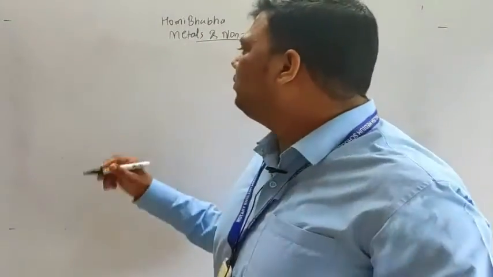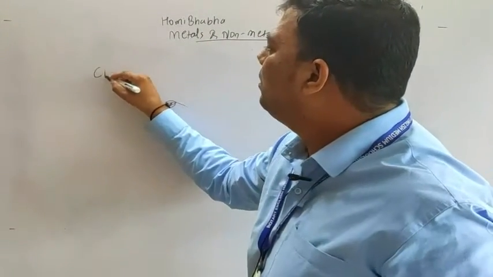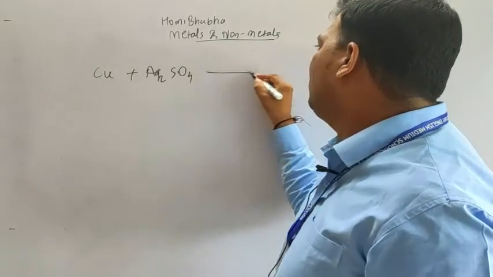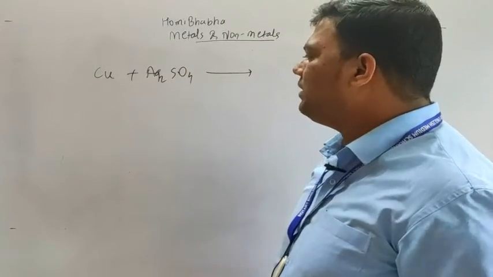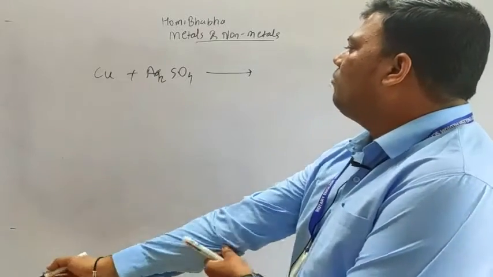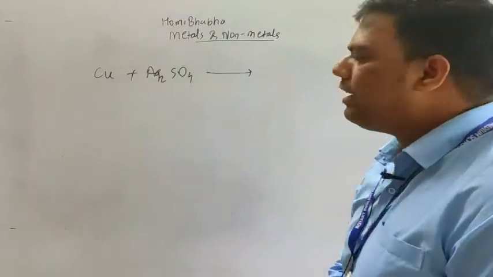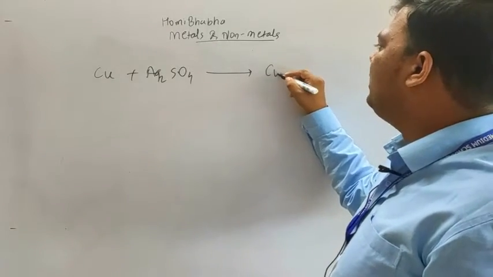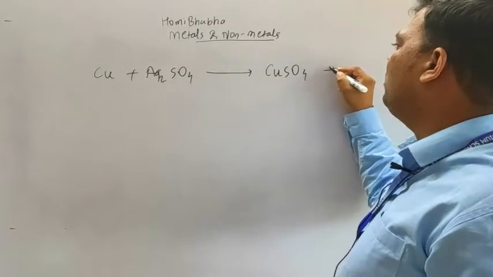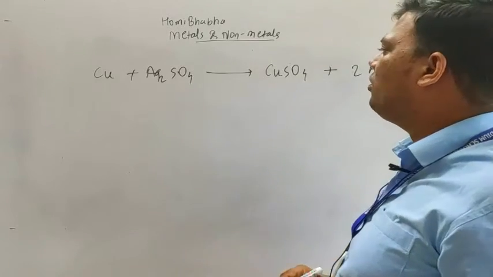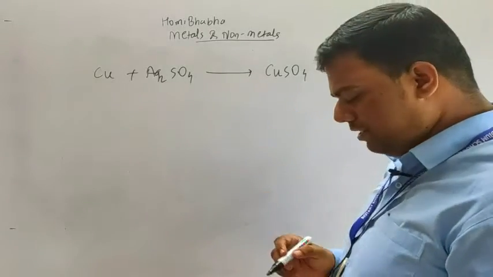Next reaction. Suppose you have copper plus Ag2SO4. Here it can displace the silver, because copper is more reactive. So what will you get? Yes, CuSO4, then you will get 2Ag. Now balance the reaction.